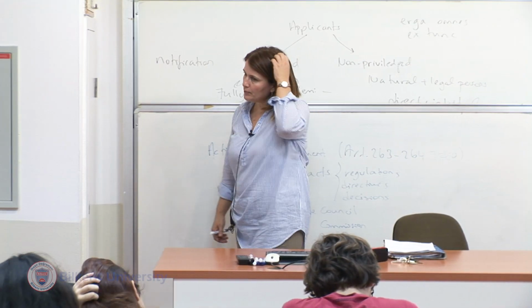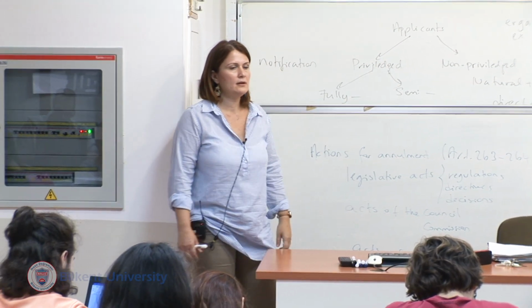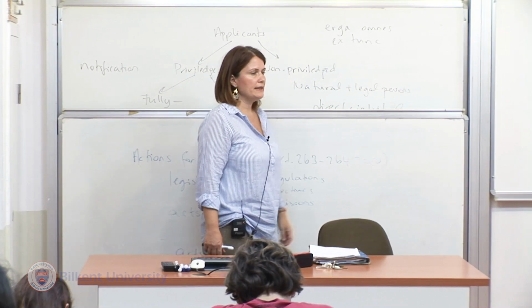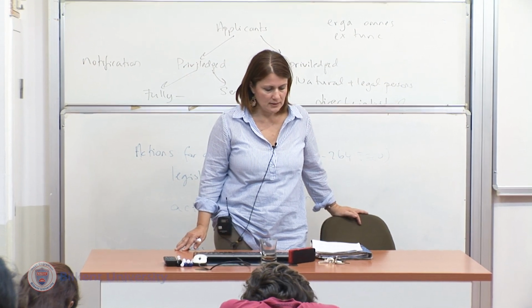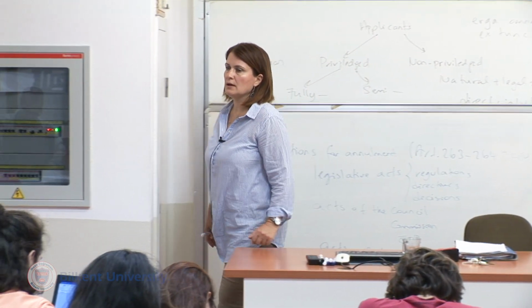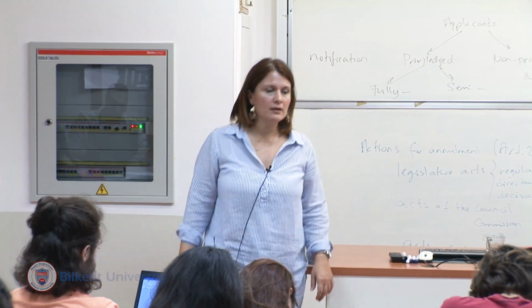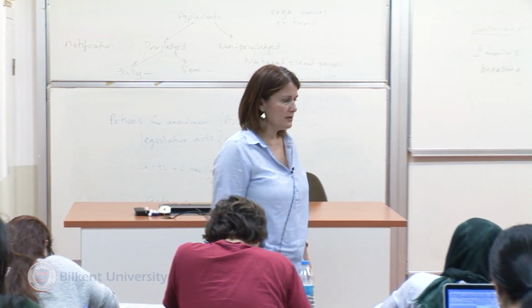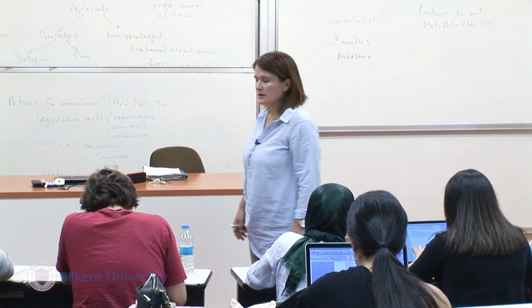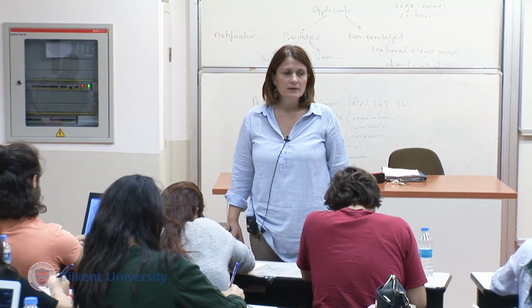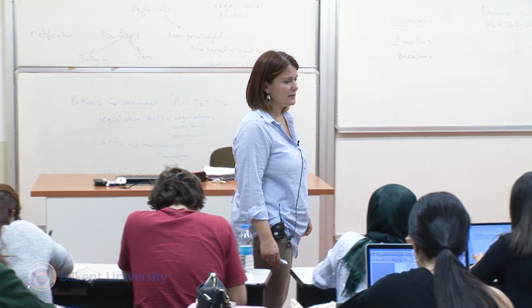The natural and legal persons may also bring an action before the Court of Justice if an EU institution, body, or agency has failed to address to that person an act other than a recommendation or an opinion.